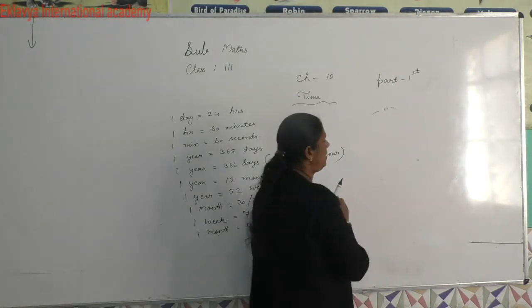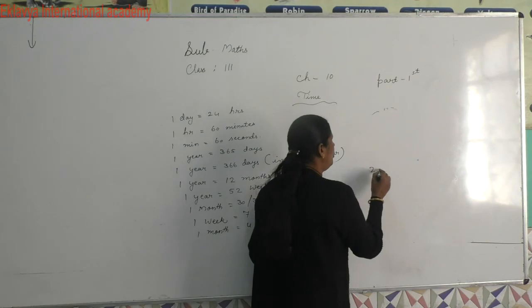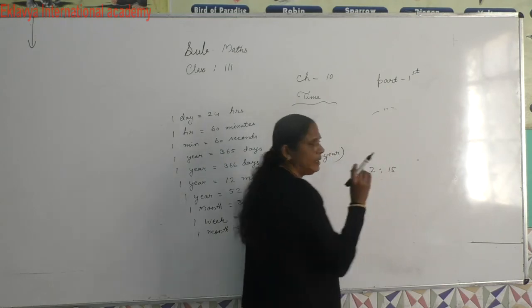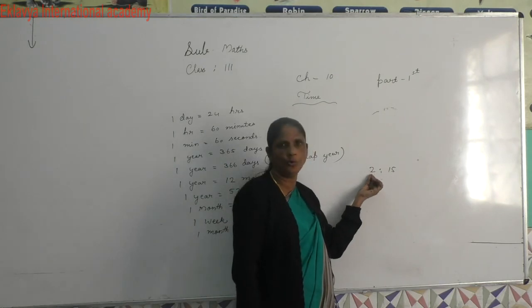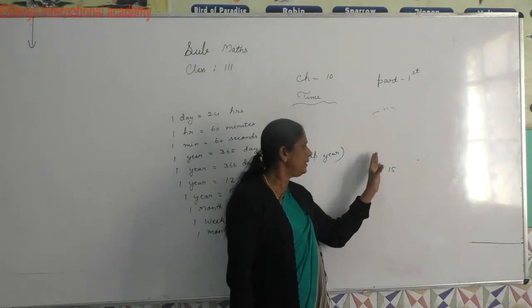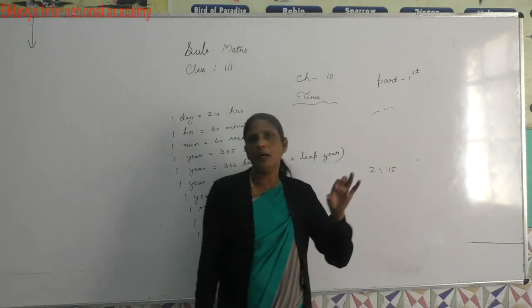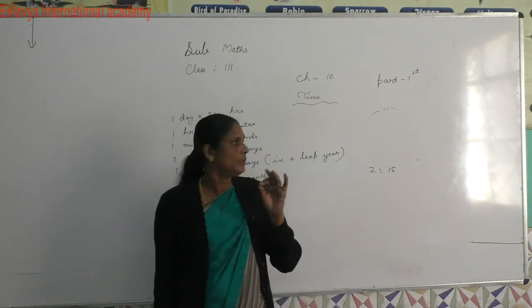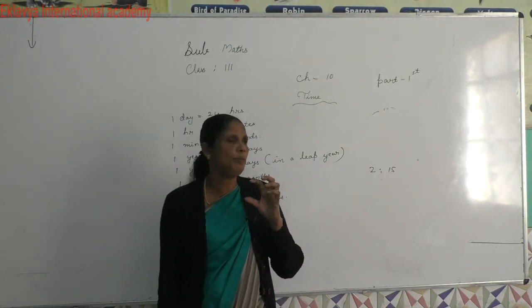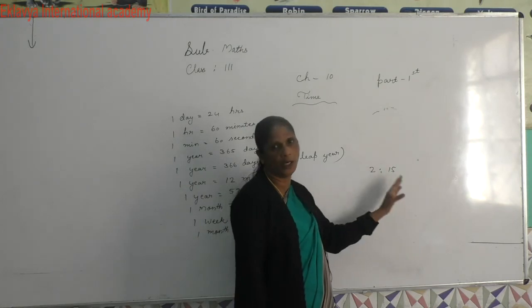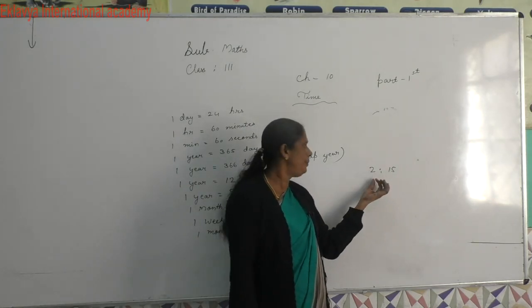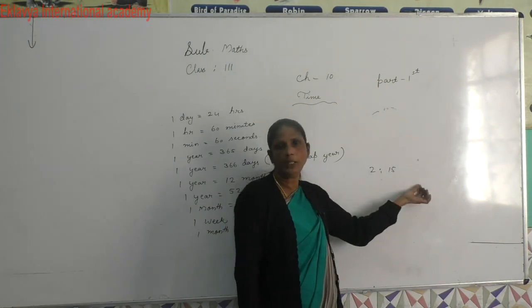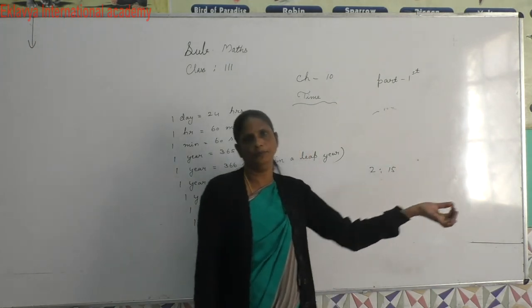Then we read 2:15. The small hand comes on 2 and the big hand comes on 3. The time is 2:15, or 15 minutes past 2.